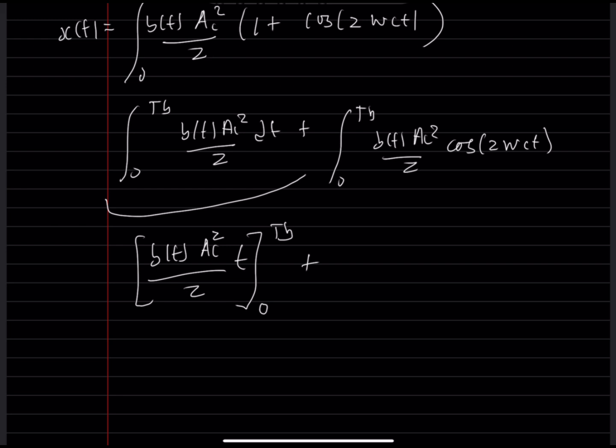plus, for the second term, when we are doing analog demodulation and pass the result through a low pass filter, whatever contains the carrier frequency should go out. So for normal analysis, you can eliminate this without even doing the integration.